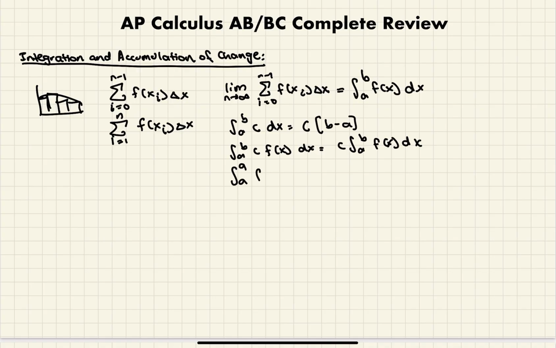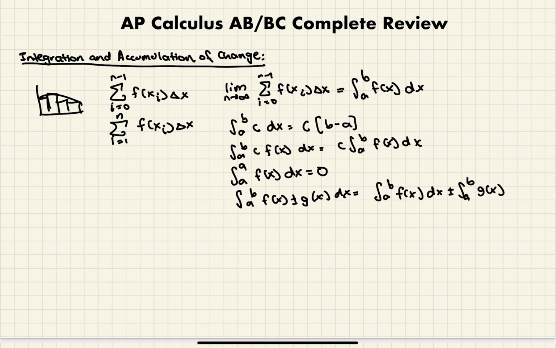The integral from a to a of f of x dx is 0 because you're integrating a single point, not over an interval. The integral from a to b of the sum or difference of two functions, you just split it up: the integral from a to b of f of x dx plus or minus the integral from a to b of g of x dx.